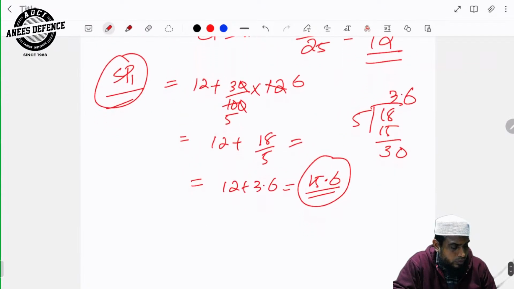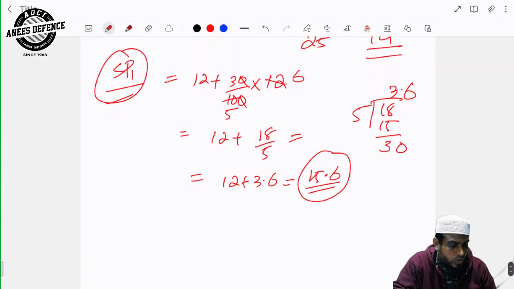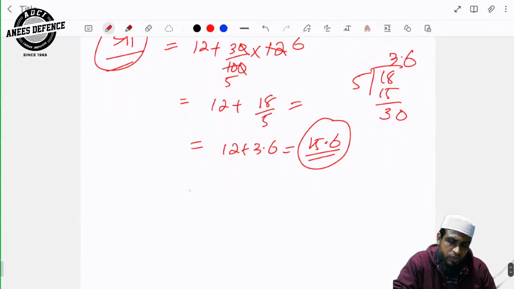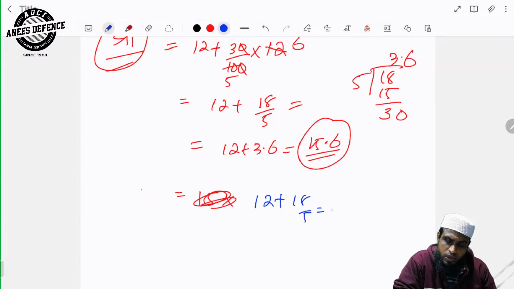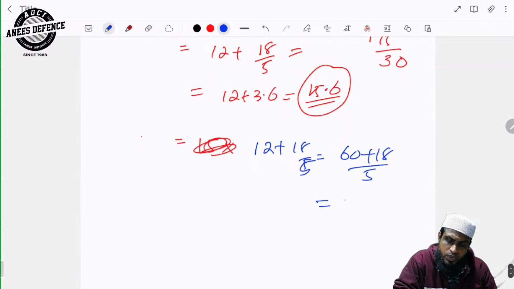So 15 items were sold like this. 12 plus 18 by 5 equals 78 by 5.